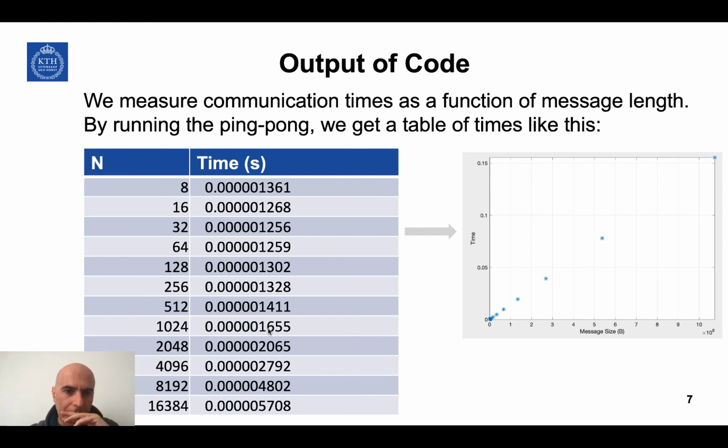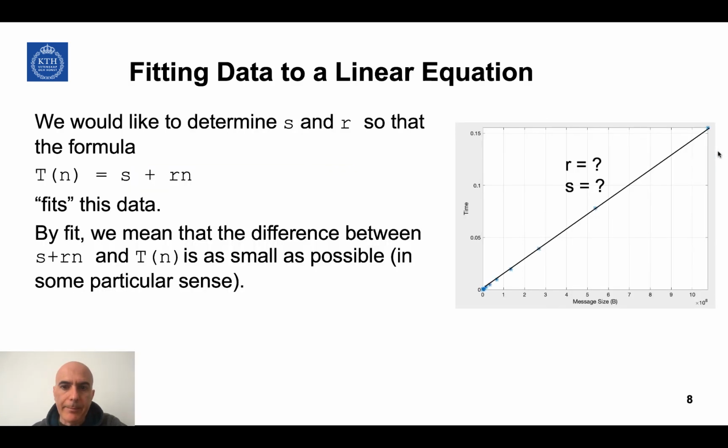So we get this table out of running the PingPong, and then if we plot on the x-axis the message size and on the y-axis the communication time, you will see that the different points basically lie on one line, right?